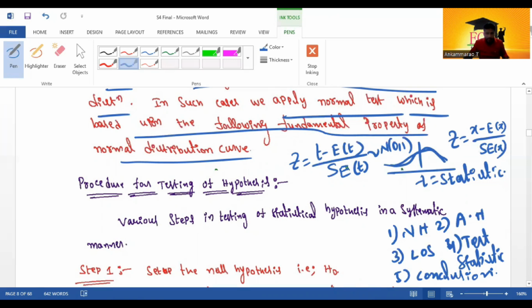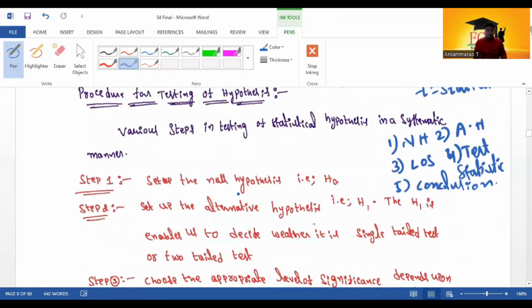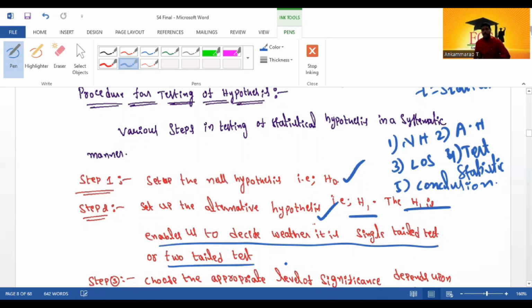Step 1: set up the null hypothesis, that is H0. Step 2: set up the alternative hypothesis, that is H1. H1 enables us to decide whether it is a single tail test or a two-tail test. How to decide that?